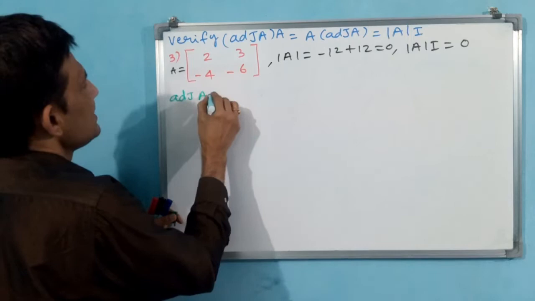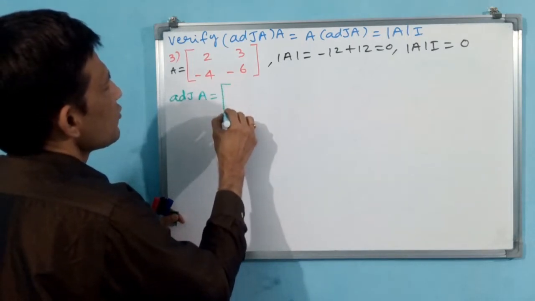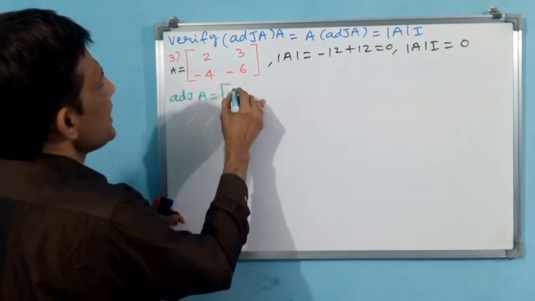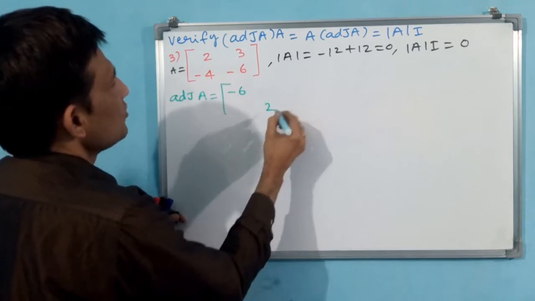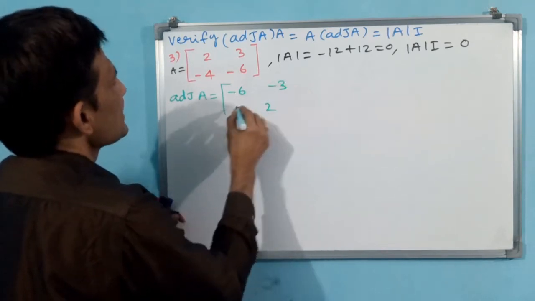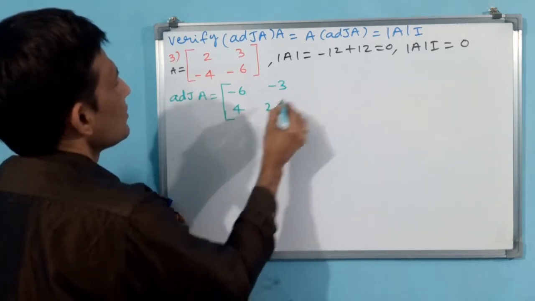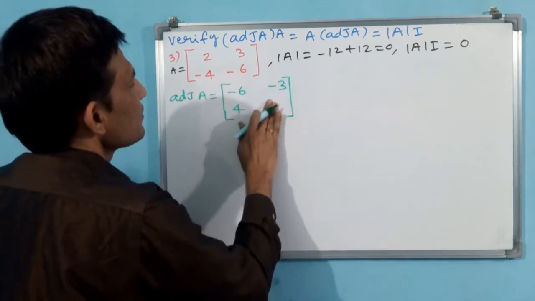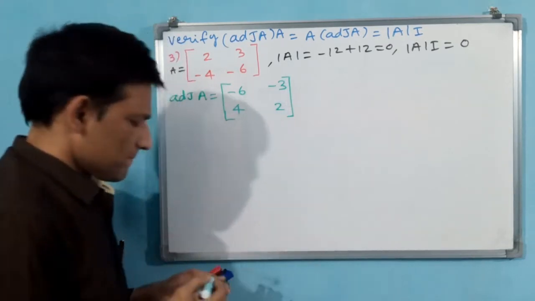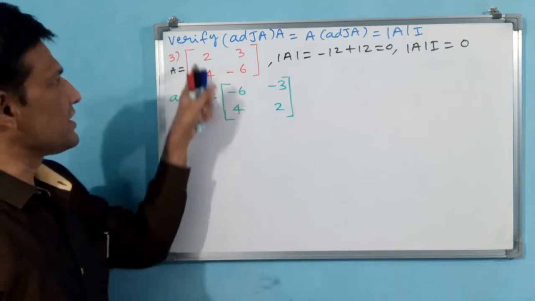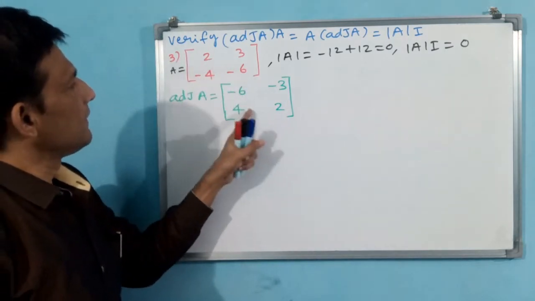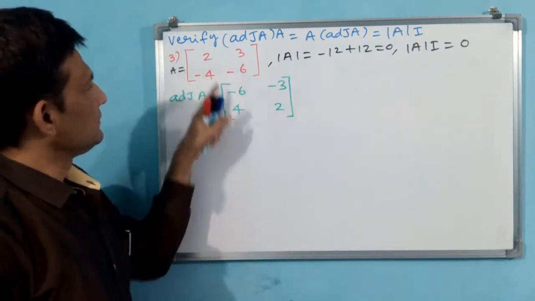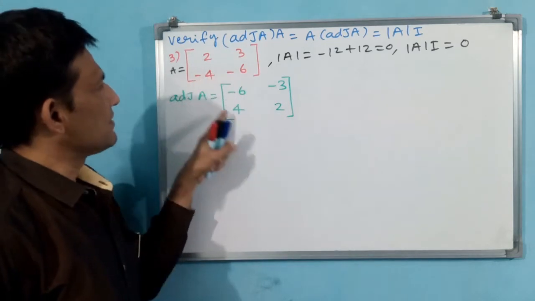Adjoint A is equal to, finding adjoint A for 2 by 2 is easy. You reverse this AD, that means minus 6 to 2, then put minus symbols, minus 3 plus 4. Adjoint A: 2, minus 6 reversed, and minus symbol, minus of minus plus.